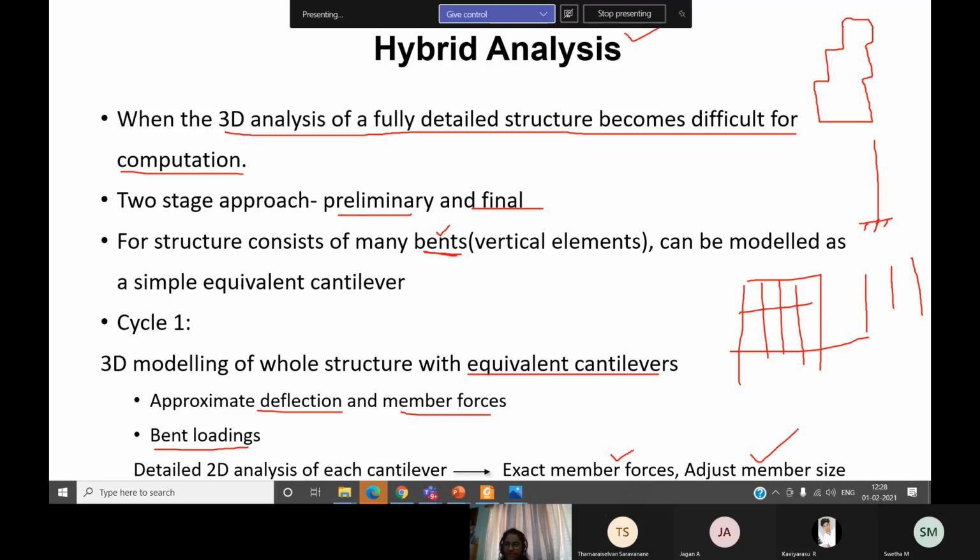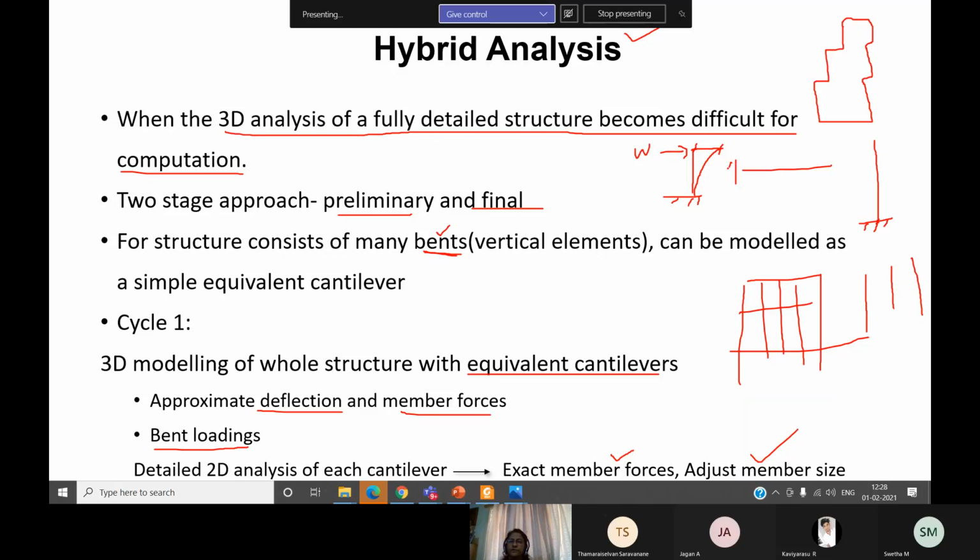You know how to do a 2D analysis of a simple cantilever. Suppose you have a cantilever, how will you find the deflection? What is the deflection of a cantilever if there is a concentrated load here? Do you know the deflection at the free end?